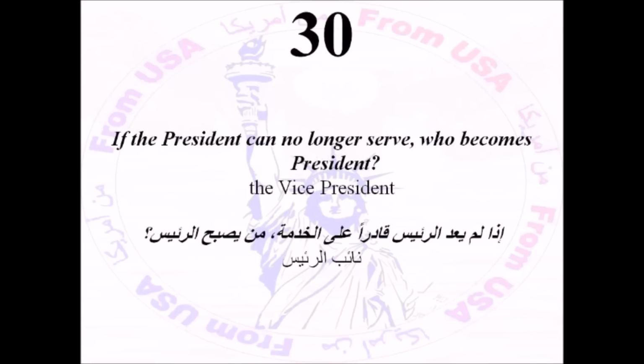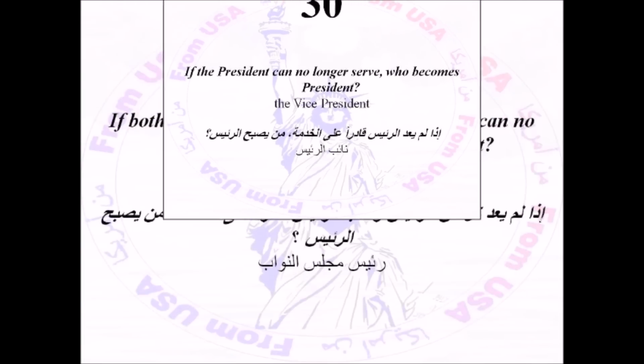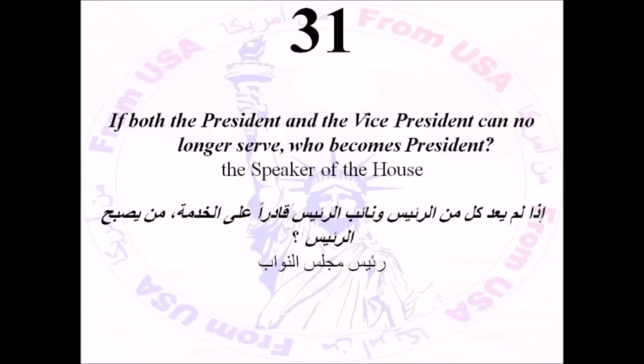If the president can no longer serve, who becomes president? The vice president. 31. If both the president and the vice president can no longer serve, who becomes president? The Speaker of the House.